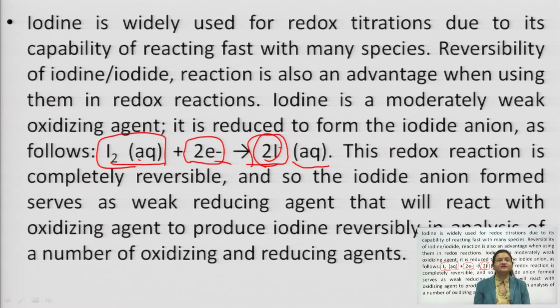That is the advantage, or applicability, of iodine and iodide salt. It can be used for several oxidizing and reducing agents, because at one time it behaves as an oxidizing agent, and at another time, in iodide form, it behaves as a reducing agent.